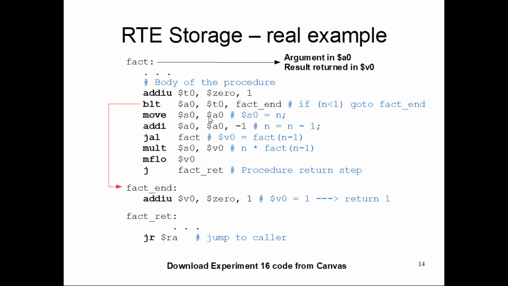Some point why you need to use S0, you cannot avoid it even if you have more than enough T registers, because in your function, if you call another function, that other function is not obliged to store and restore your temporary registers, the T registers.